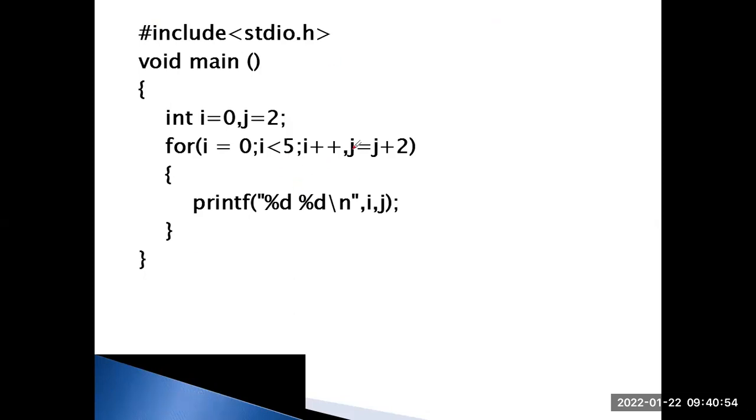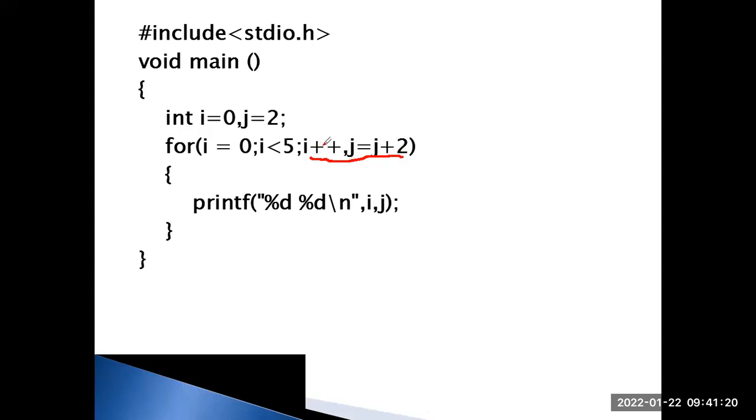In this case, more than one variable is updated. Here i plus plus, comma, j equal to j plus 2. Here we have used a mathematical expression, that is j equal to j plus 2. Any mathematical expression can be used in updating the variable. Here, i as well as j equal to j plus 2 are updated.